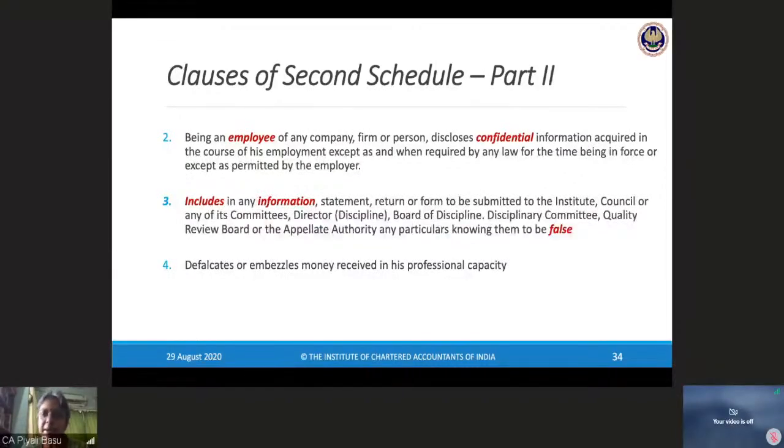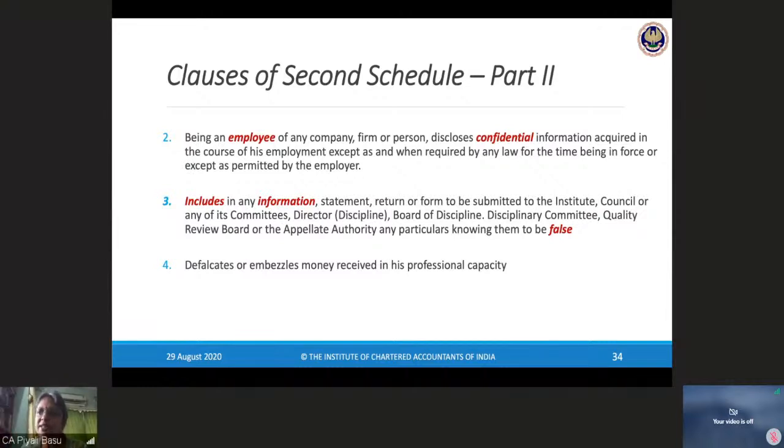And for members in service, it is clause 2, part 2, second schedule. A member in service cannot disclose information in the public domain unless it is specifically required by law in force at that point of time, or it is permitted by the employer.